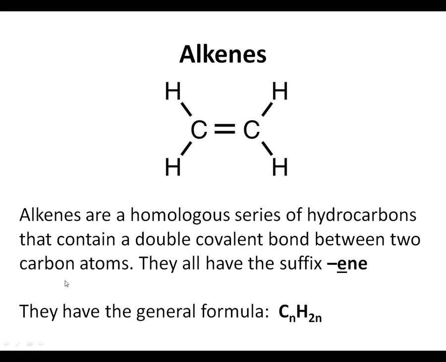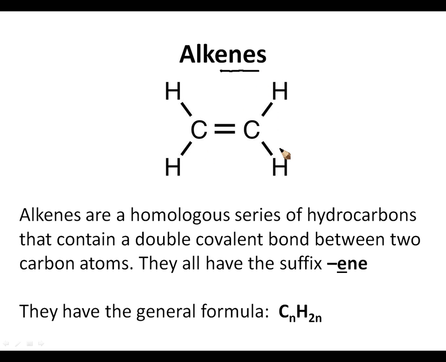And just like our pattern before, they always end with the suffix "ene", E-N-E. Alkanes, as the name suggests, end with "ane", A-N-E, and alkenes always end with E-N-E, so alkene.